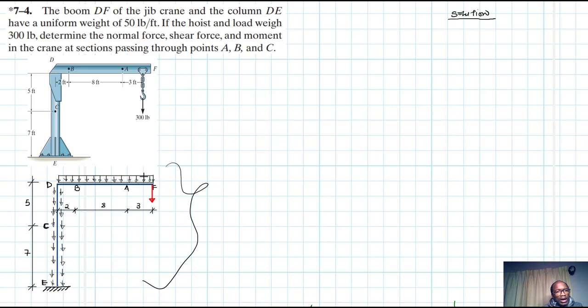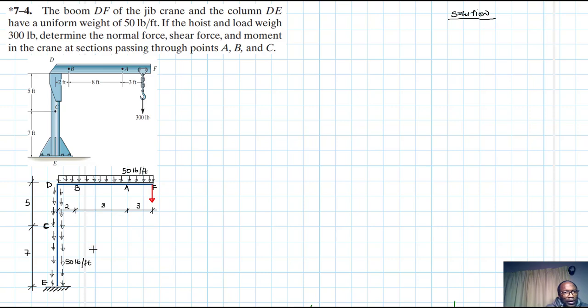So we have the uniform weight on top. Okay, we have the uniform weight like you've been told in the problem of 50 pounds per feet on the crane beam, as well as 50 pounds per feet on the column DE.